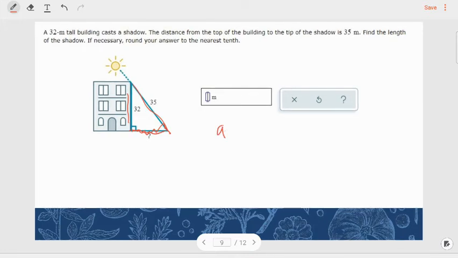So again, a squared plus b squared equals c squared. This is a. This is not b. This is c because it's across from my right angle. So my missing side must be b. So 32 squared plus b squared equals 35 squared.